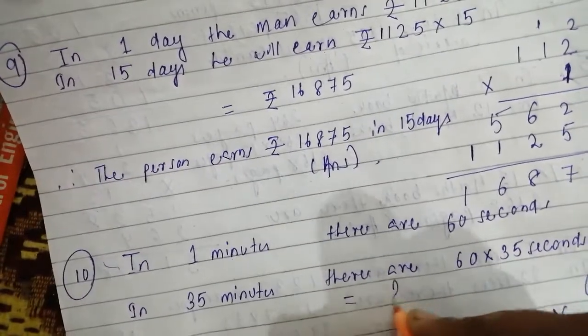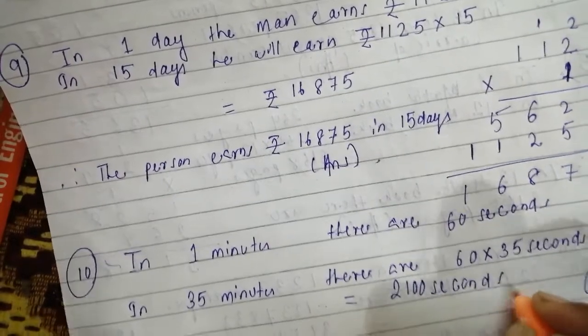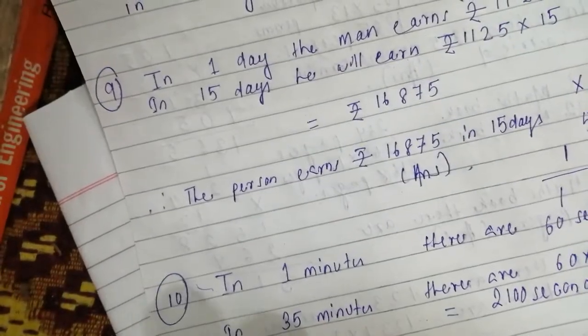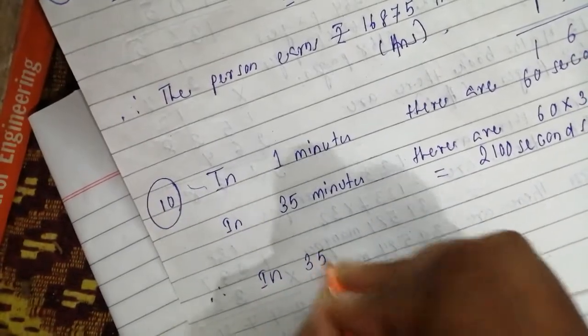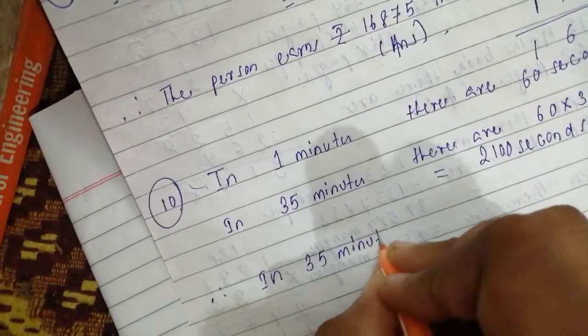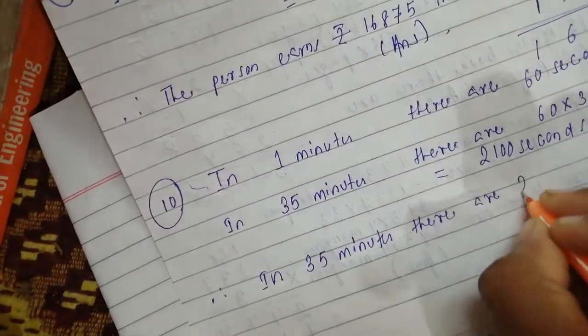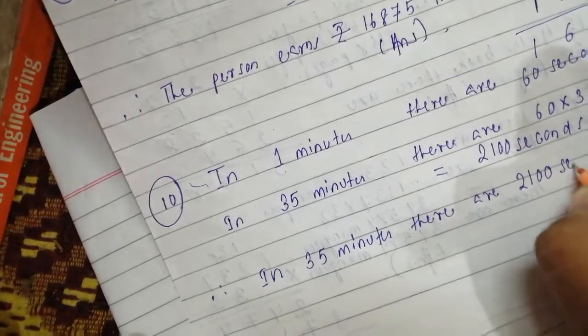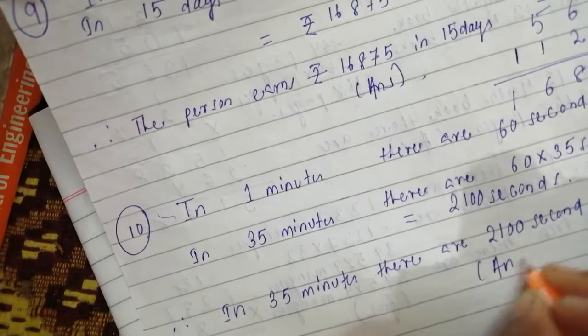So it will be 2100 seconds. Therefore, in 35 minutes, there are 2100 seconds. Answer.